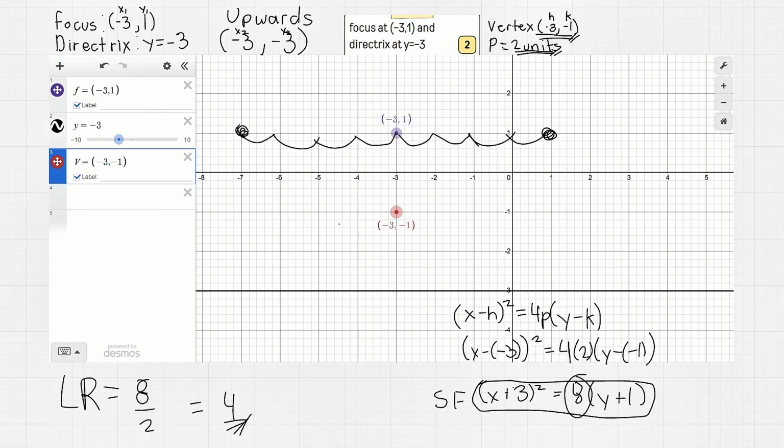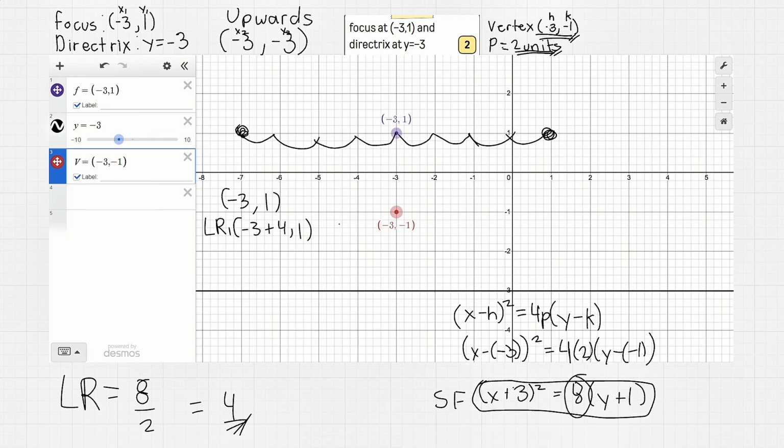Now, again, what if I don't have graphing paper or I can't graph? Let's manually compute it. Remember, our parabola opens upward. The x-coordinate will be moving. Let's go back to our focus, -3, 1. So, LR1 is -3 plus our latus rectum, 4, comma, 1.